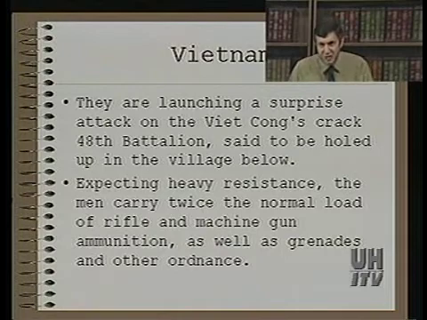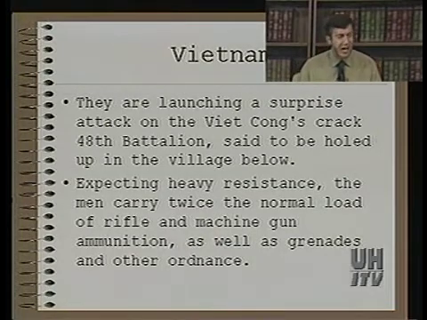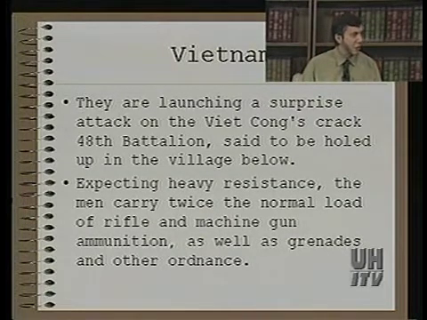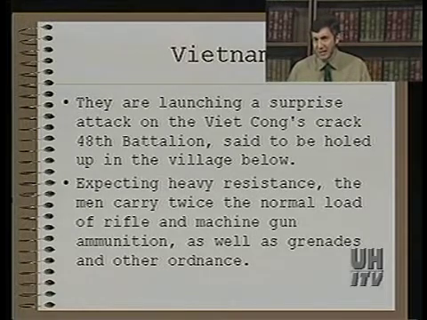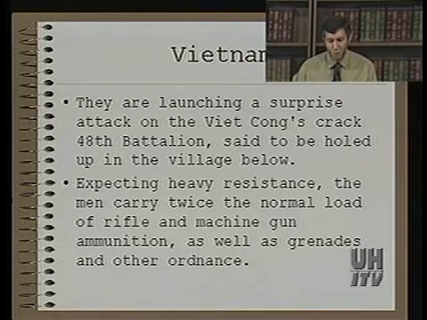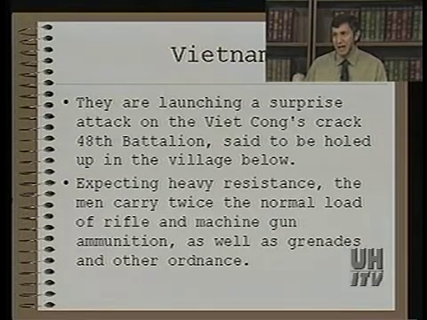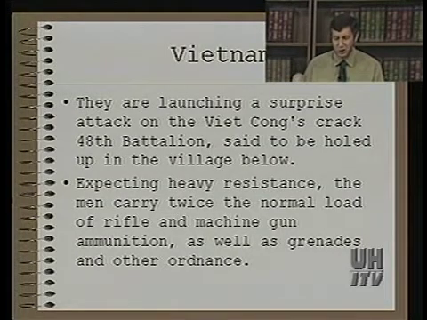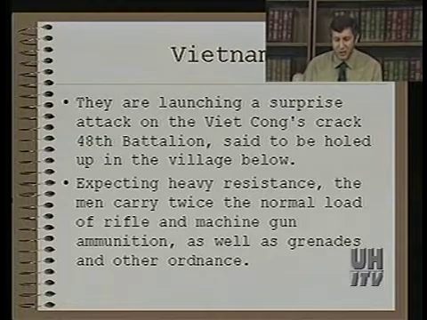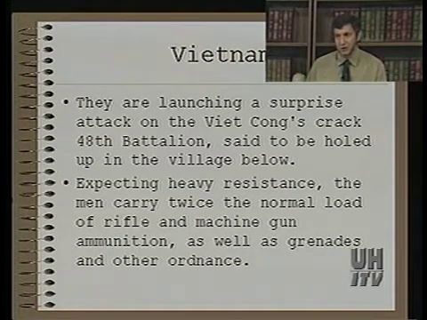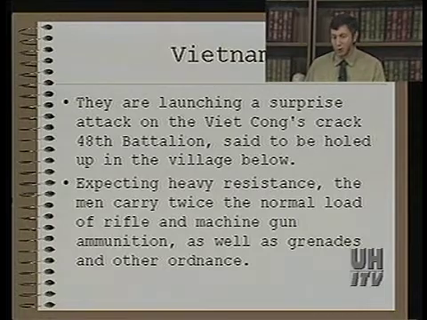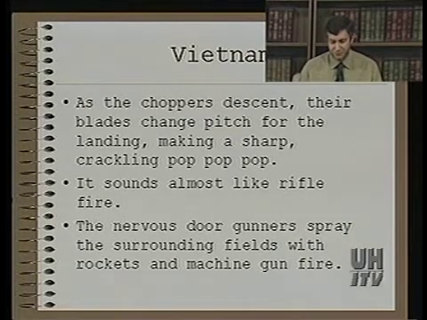They are launching a surprise attack on the Viet Cong's crack 48th Battalion, said to be holed up in that village down below. The men expect heavy resistance. They carry twice the normal load of rifle and machine gun ammunition. They're also loaded with grenades.